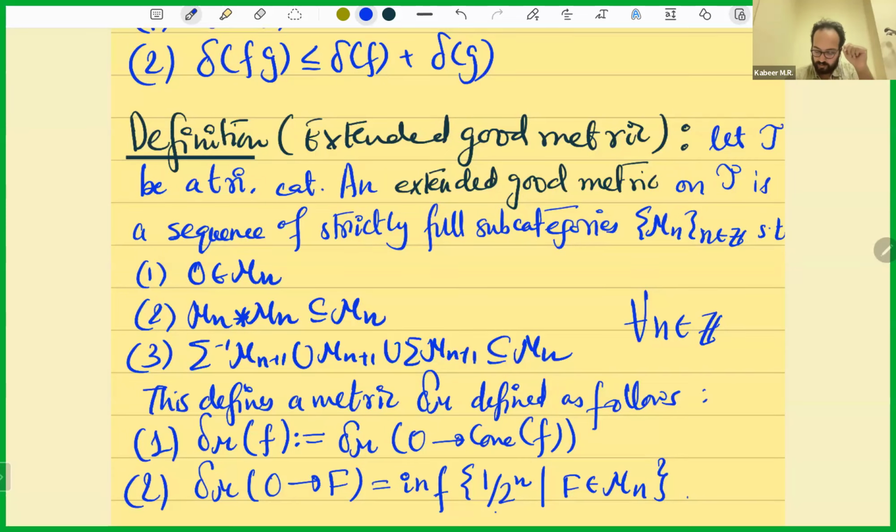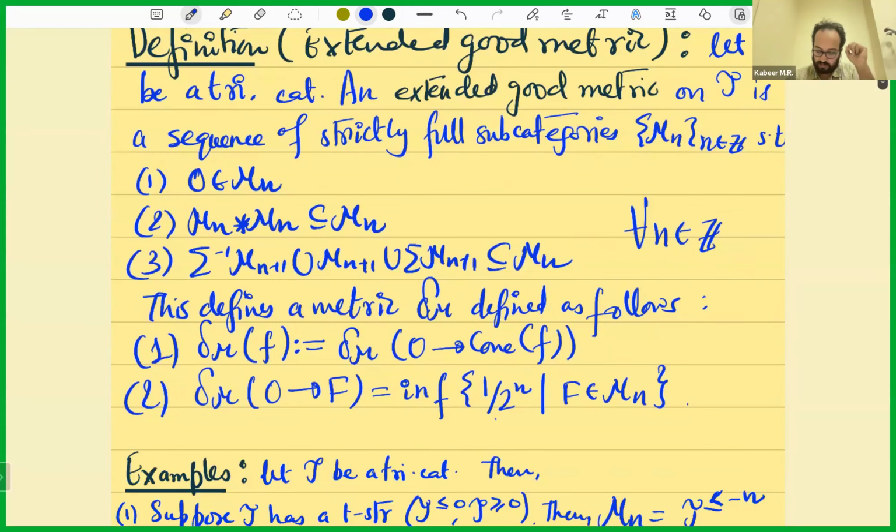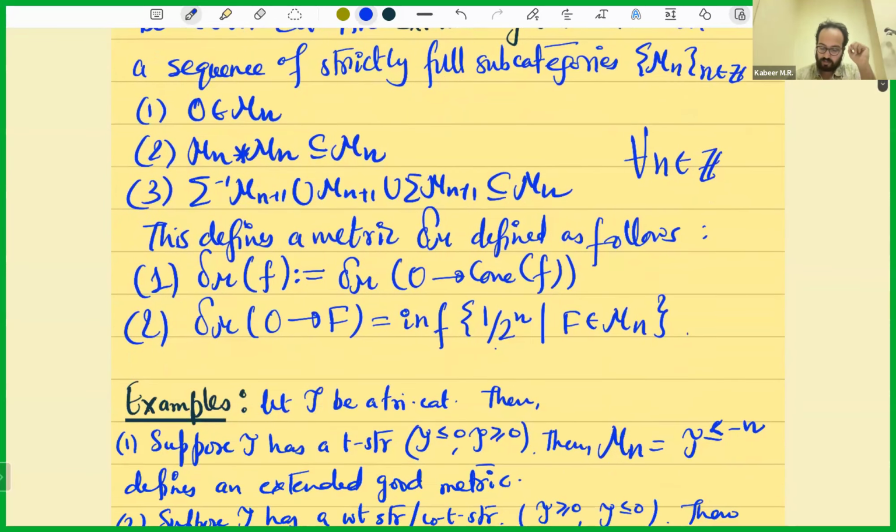So how does one go from here to the definition of metric in the sense of Lawvere? The assignment is as follows. Given this metric M, we can define a metric in the sense of Lawvere, delta M, as follows. Firstly, we impose a sort of translation invariance, so to say, that the length of a morphism F is defined to be the same as the length of the unique map from 0 to the cone of F, which is this condition.